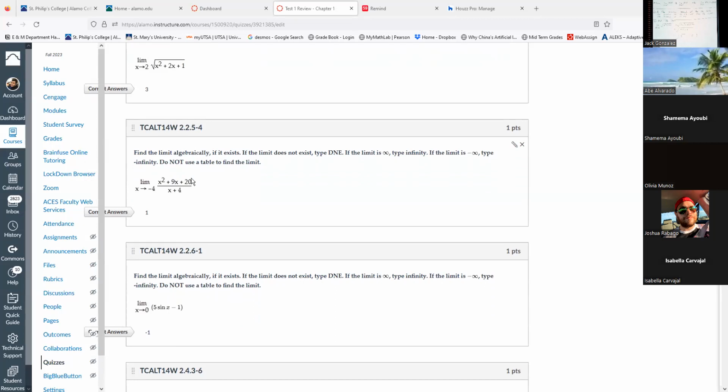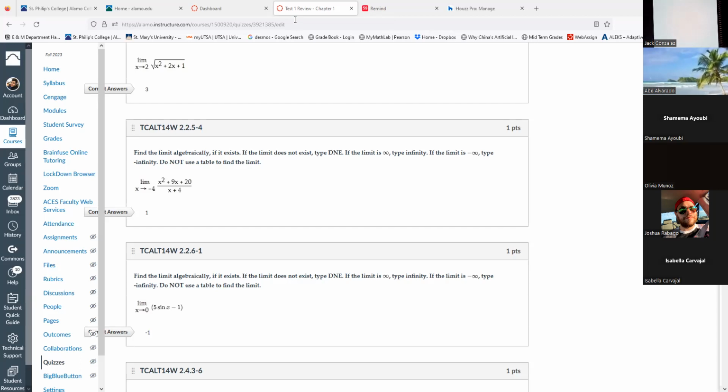Number 7. Find the limit algebraically. Final answer for that one was 3, right? Yes. Both, depending on the question, right?